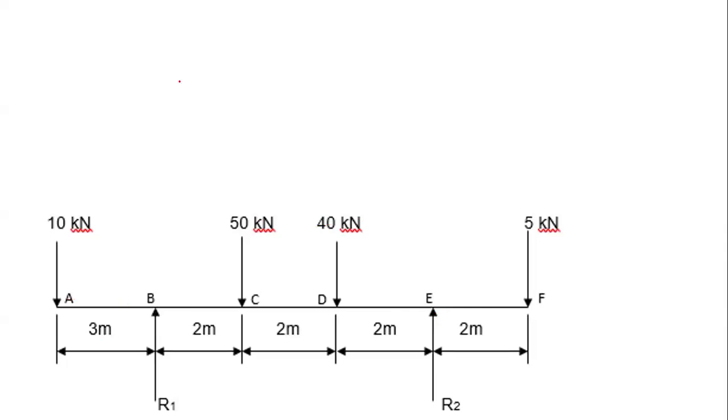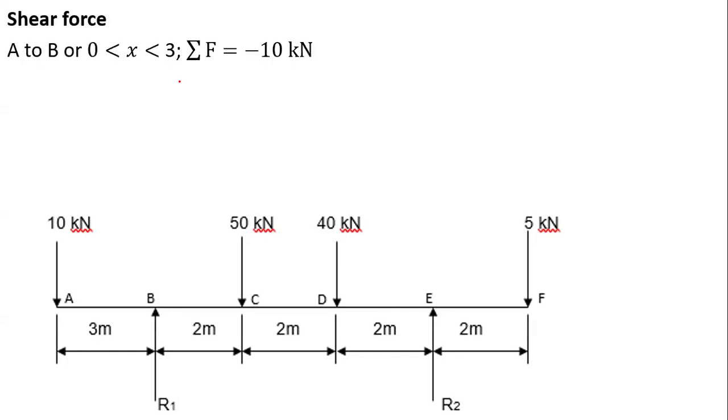Now here is where we'll bring back the sign convention. So shear force. If I look at A to B, I'm talking about the distance from 0 to 3 meters. Here, I'm standing at point B. If I say A to B, I set my foot at point B. That's where I'm stepping. When I look back, the only force remaining on my left-hand side, there's only one force, which is 10.